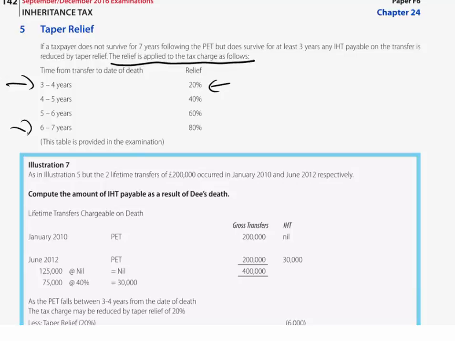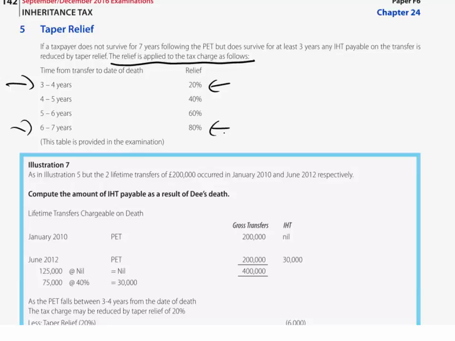If you very nearly made it because you survived for between 6 to 7 years from the date of transfer to the date of death, then 80% taper relief will apply. The tax charge will be reduced by 80%. You can see there that between those various numbers of years, the relief moves in 20 percentage point steps. That table, by the way, is provided in the exam. Not that you should be needing to look that up.